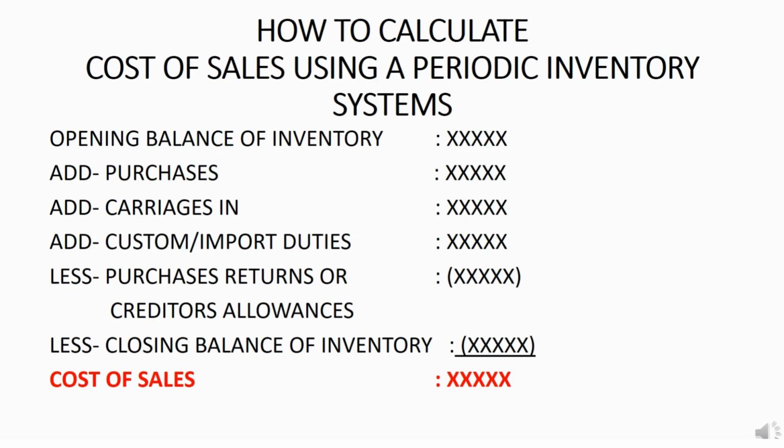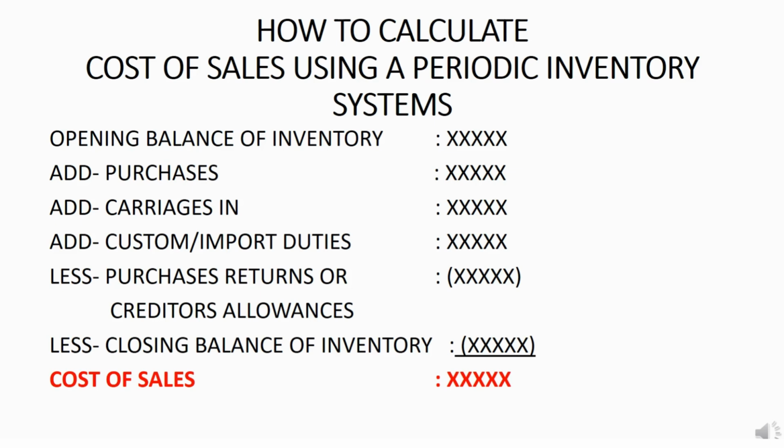With carriages in, we are looking at the cost that we incurred as an entity buying goods and allowing a supplier to deliver those goods to our premises. For that transportation, we call it carriages in because it's goods delivered from the supplier to us.